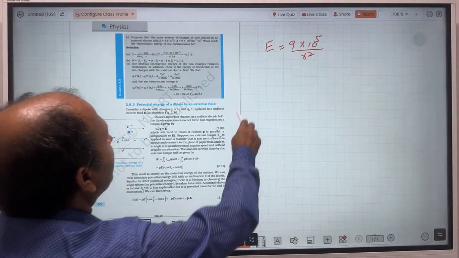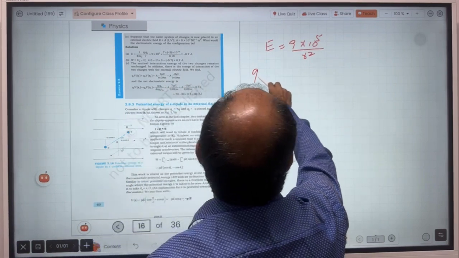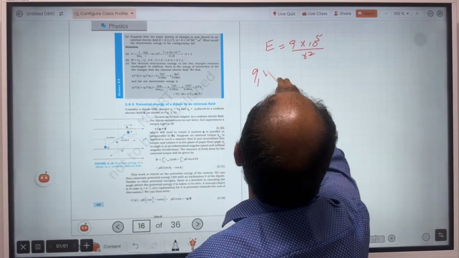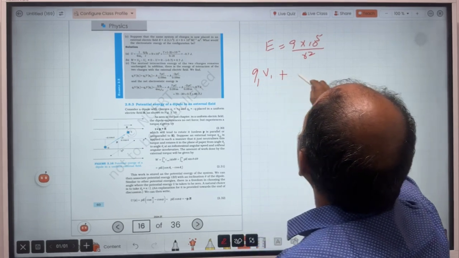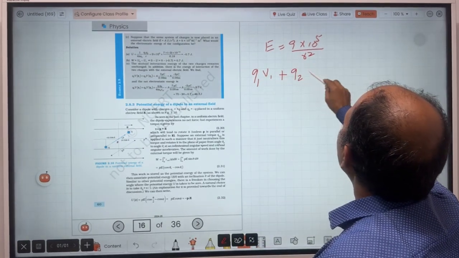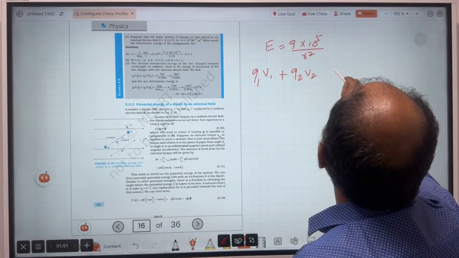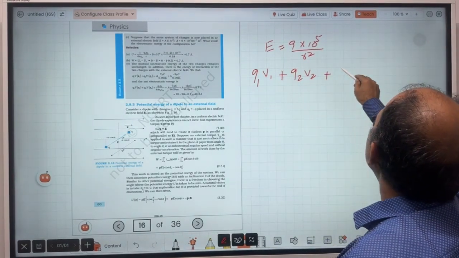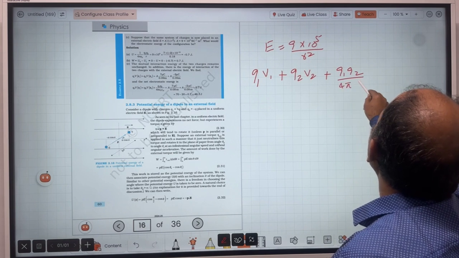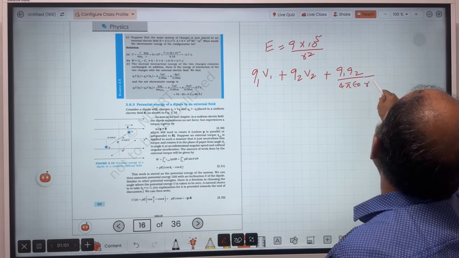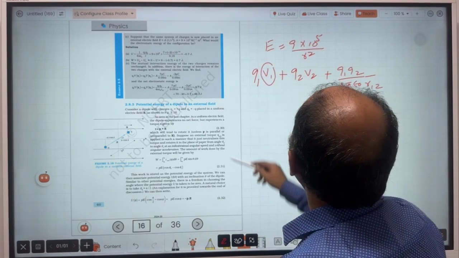First, let's find out the potential energy at the first point where charge Q1 is there and the potential at that point is V1, and at another point charge Q2 is there and the potential at that point is V2, and then their interaction should also be considered. So it should be Q1 Q2 divided by 4 pi epsilon naught and their separation R12. But here, what is the potential?